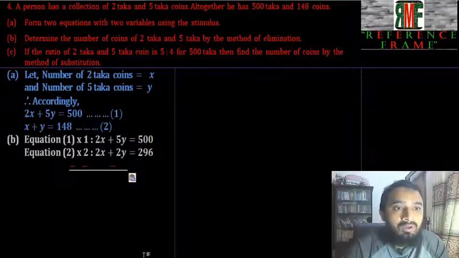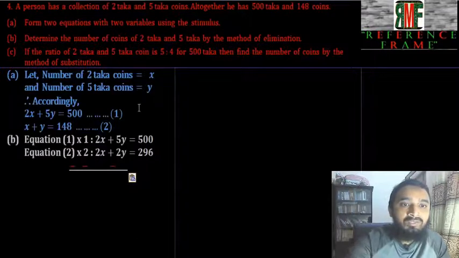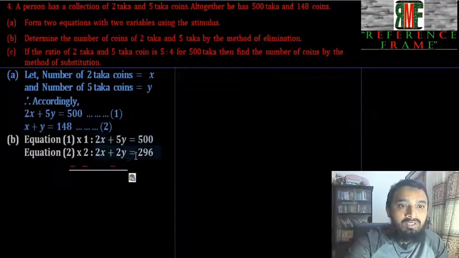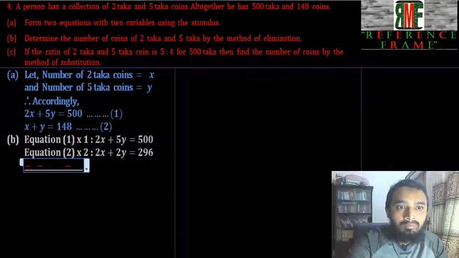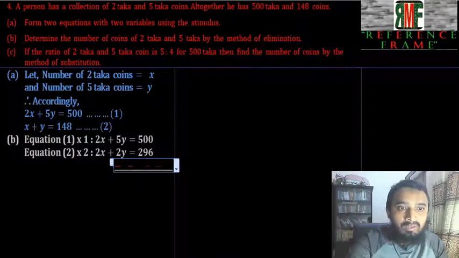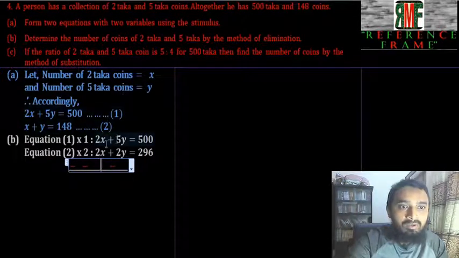Okay, so look, equation 1 gives us what? Here we get twice x plus 5y is equal to 500 by multiplying equation 1 with 1, and by multiplying equation 2 with 2 we have twice x plus twice y is equal to 296. So this time we need to change the side.